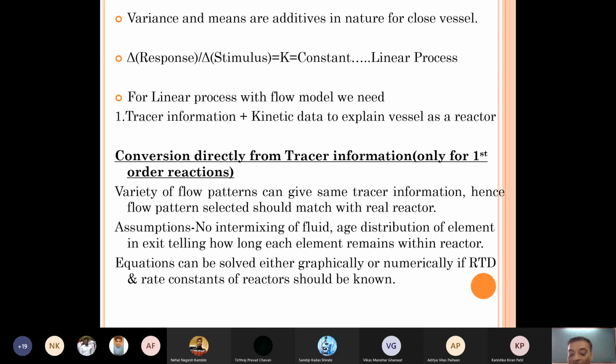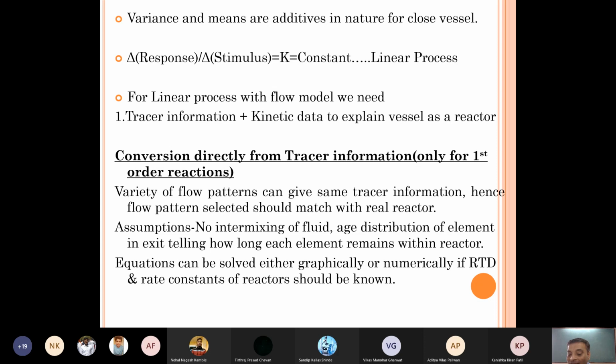If I double the input from 2 to 4, then the output also gets doubled. If I triple the input, then the output also gets tripled. It changes in that ratio: single, double, triple. Are you getting it or not? That process is known as a linear process. If you increase the input, the output will automatically increase in the same ratio.